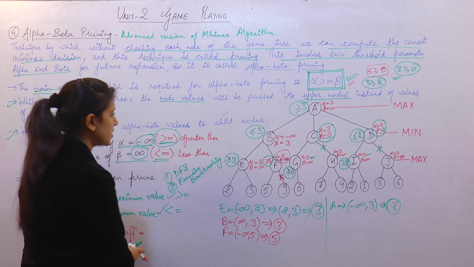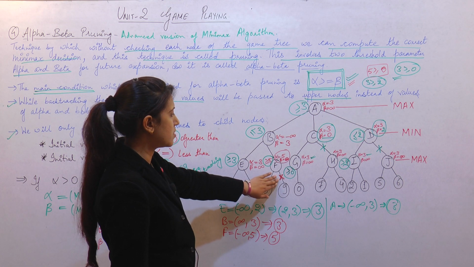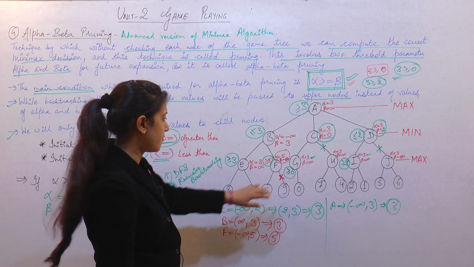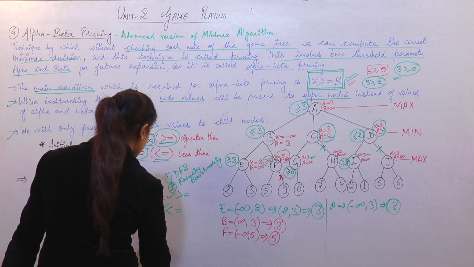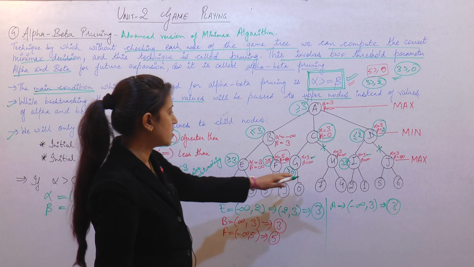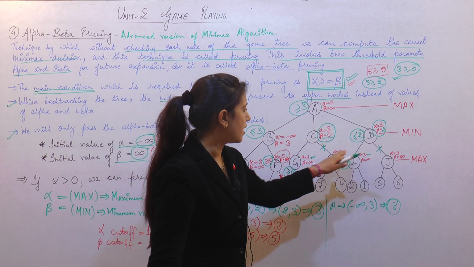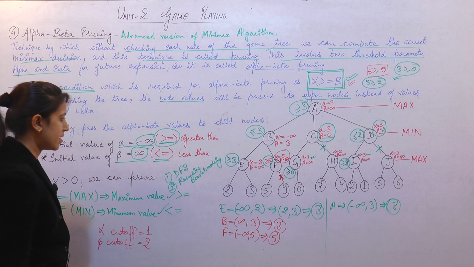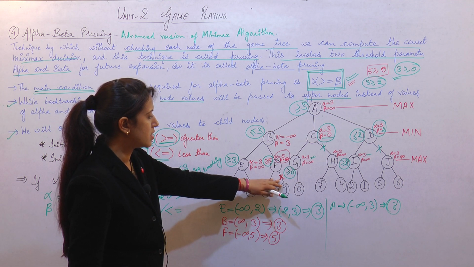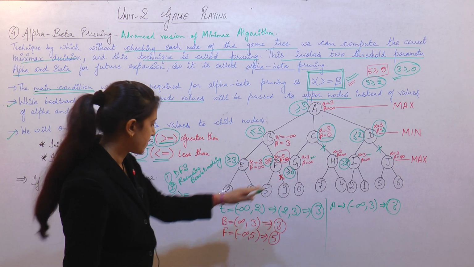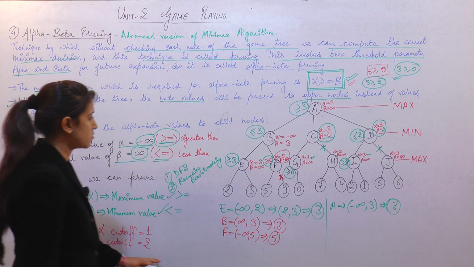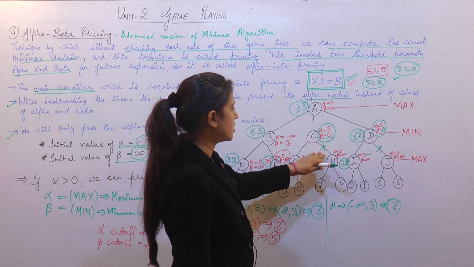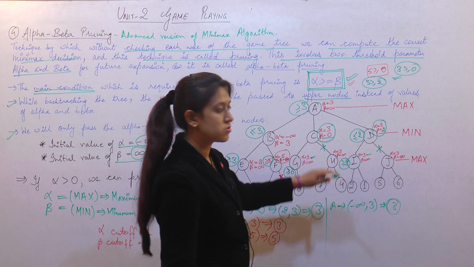Alpha cutoff means the nodes which we pruned by the value of alpha, and beta cutoff means the nodes pruned by the values of beta. So alpha cutoff will be 1 because we pruned this node by the value of alpha, and beta cutoff will be 2 because we pruned 2 nodes, H and J, by the values of beta.